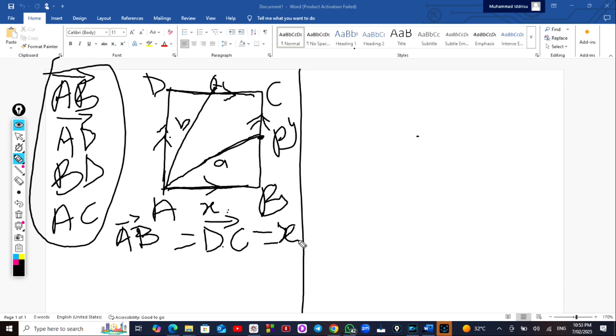The opposite sides of a square are equal. So here we don't just say that the opposite sides are equal, but opposite vectors, they are moving in the same direction. Vectors are those moving in the same direction.